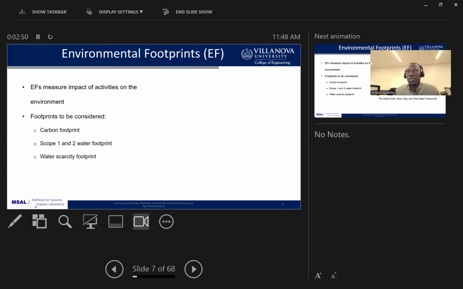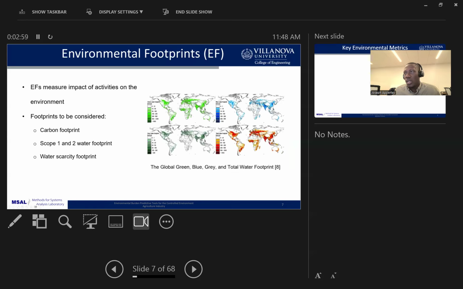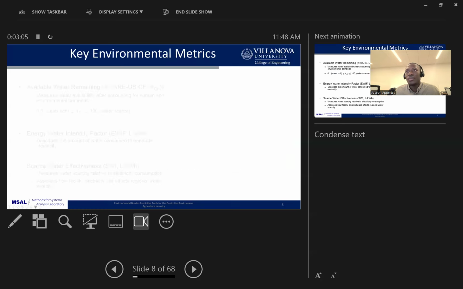And then the various footprint types, whereby we have the carbon footprints, the scope 1 and 2 water footprint, the water scarcity footprints, and also the green, blue, and gray water that are applicable in these operations.